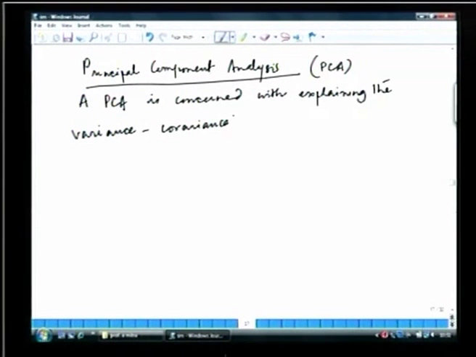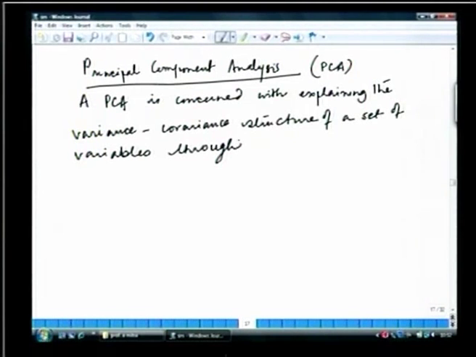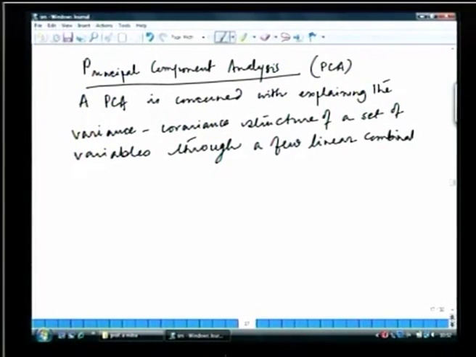How exactly, we will see once we define total variability in the data. So, the variance-covariance structure of a set of variables through a few, and this few can be really very few, like even k equal to 2 or 1 may be good enough to explain the total variability, through a few linear combinations of these variables.